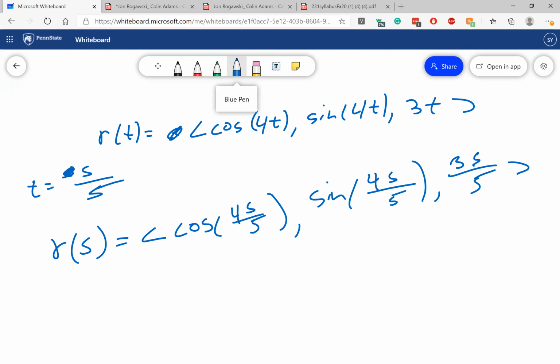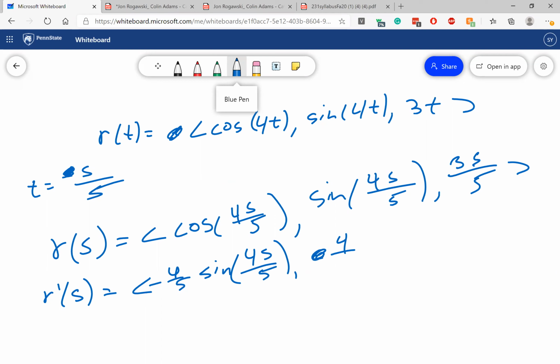And now if we look at r prime of s, well, this is going to give us negative 4 over 5 sine 4s over 5, 4 over 5 cosine of 4s over 5, and 3 over 5.